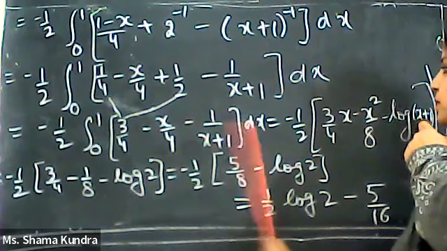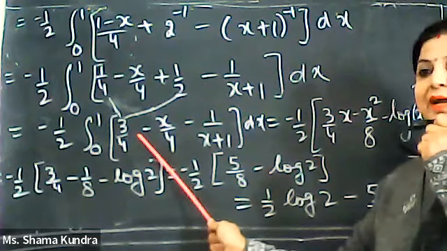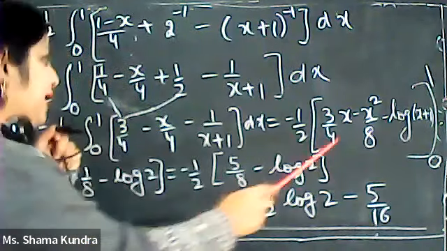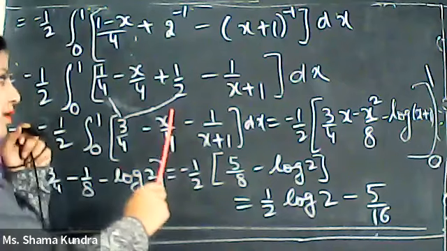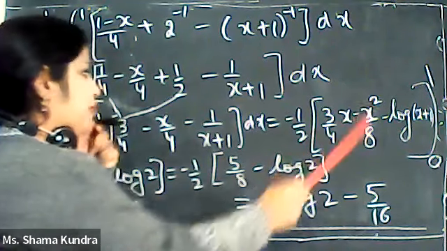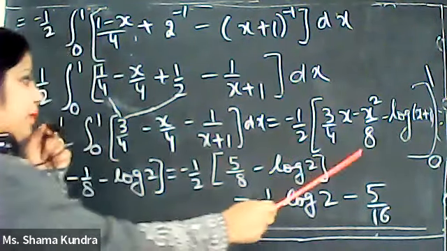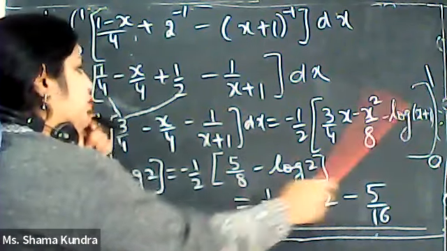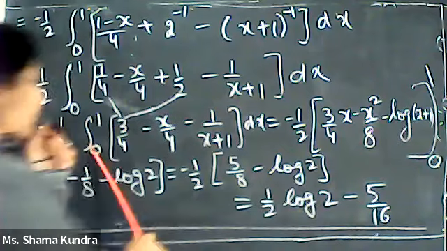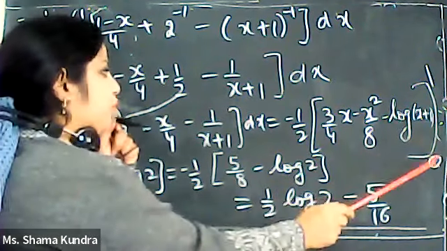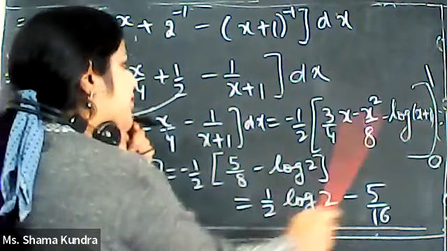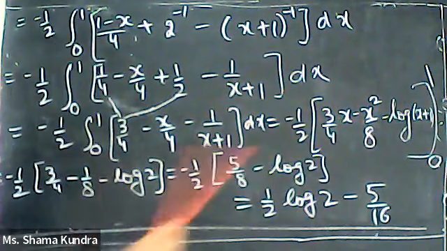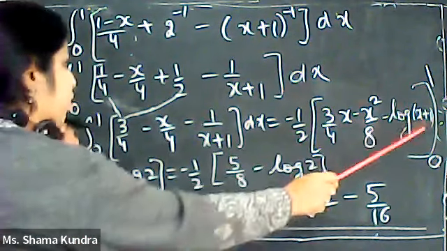Now when we integrate dx, we use the formula x raised to n plus 1 upon n plus 1, and 4 into 2 becomes 8. The integral of 1 upon a function is the log of that function. Now the limits: x equals 1 in the upper limit, you will get 3 by 4 minus 1 by 4 and so on.